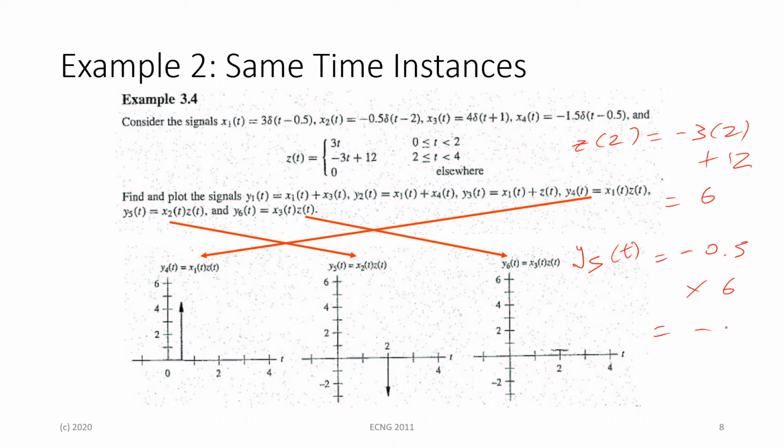As a result, we get minus 3. So our end result here is a negative impulse at t equals 2 seconds, with a magnitude of minus 3 from our calculation.